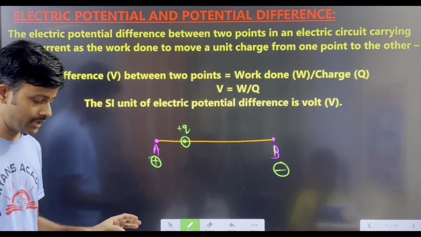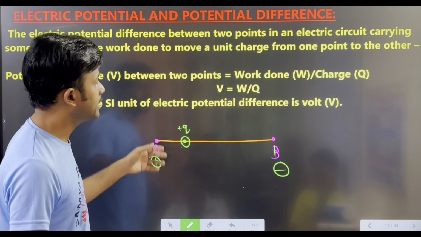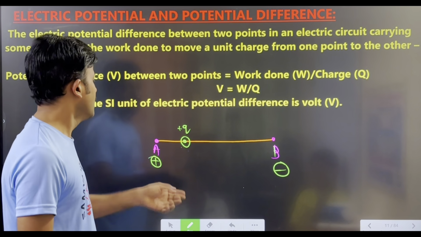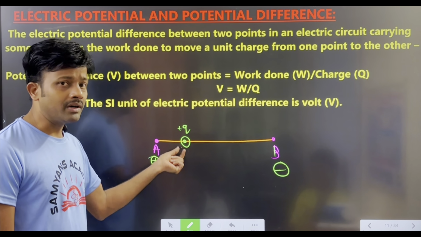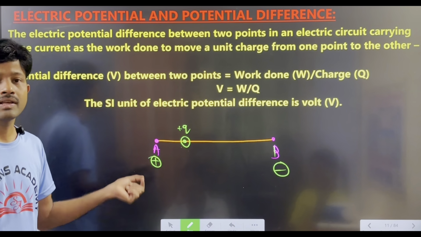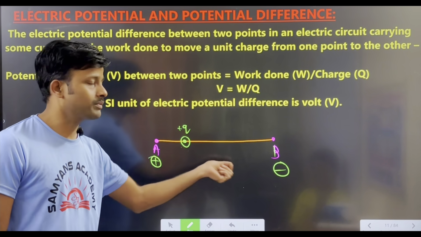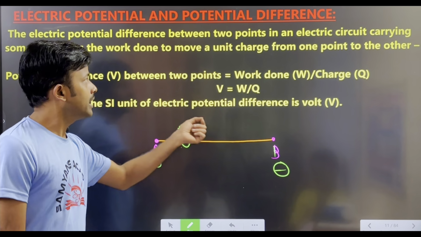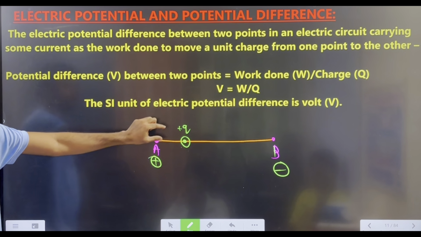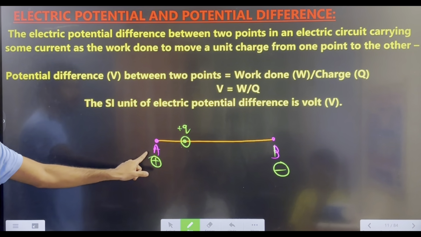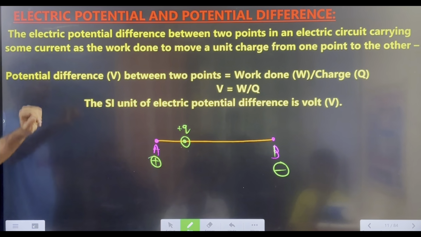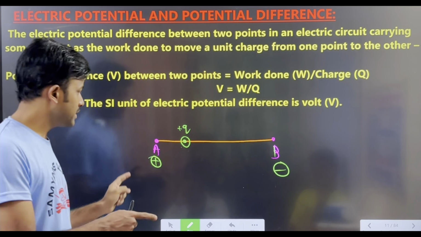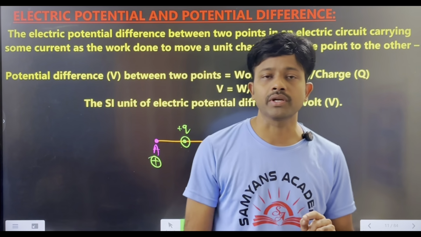So we are doing some work, right? No, not we. Here in the electric circuit, the battery is doing work, right? How is the battery doing work, and for what purpose? The charge we have to move from point A to point B. Then the work done to move this unit charge from one point to another in an electric field is called electric potential, and the difference between these 2 points we call the potential difference.